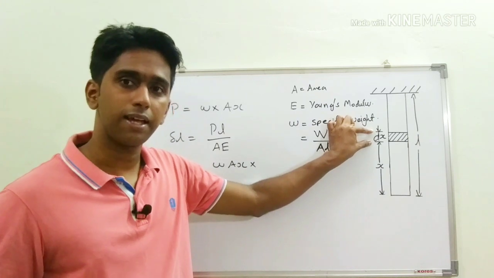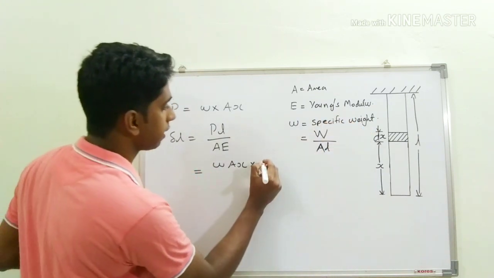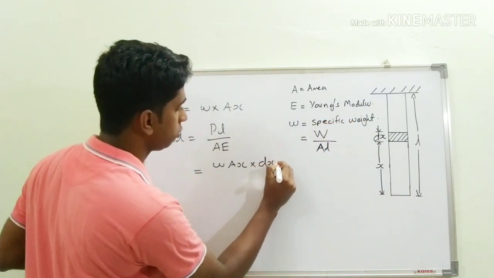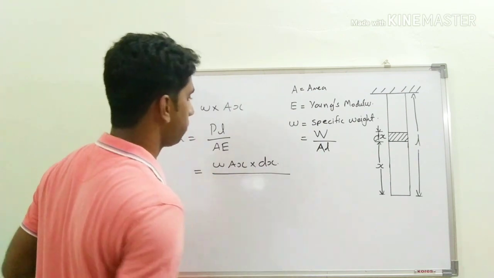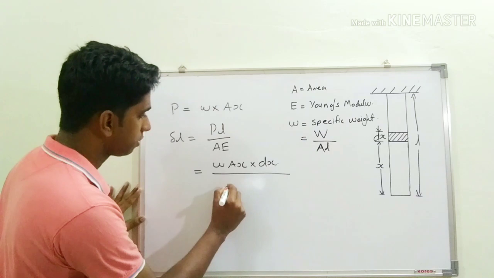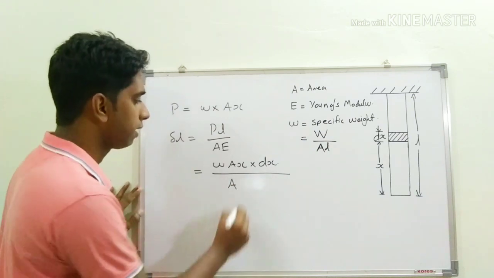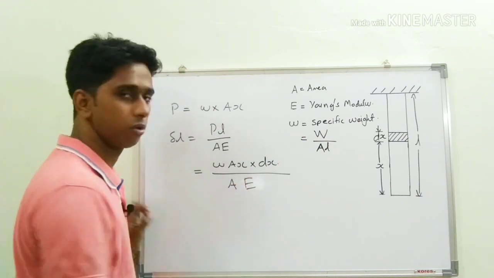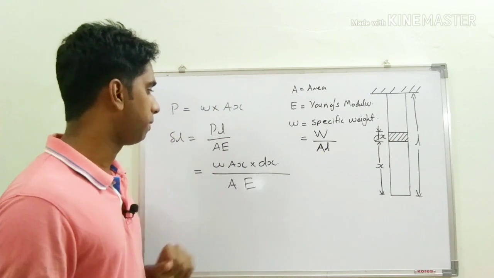So we can write it as w A x into dx, divided by the area of the differential element, which is nothing but A, and E is also the same for the differential element.